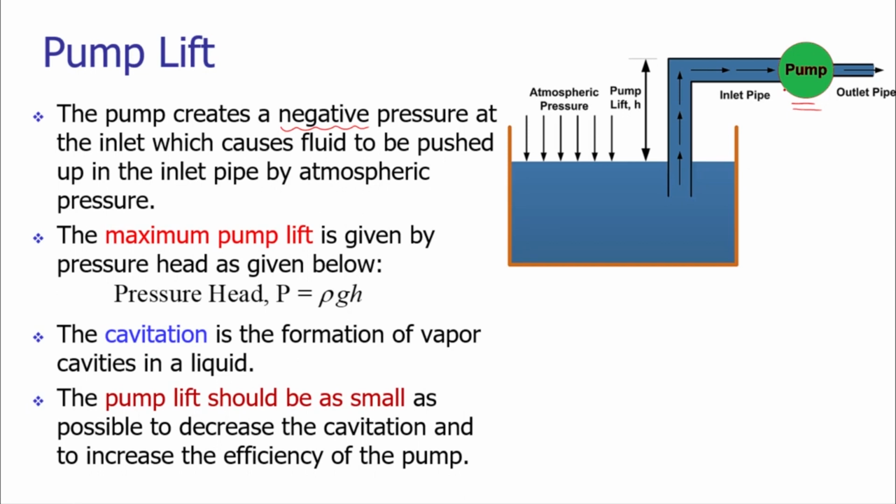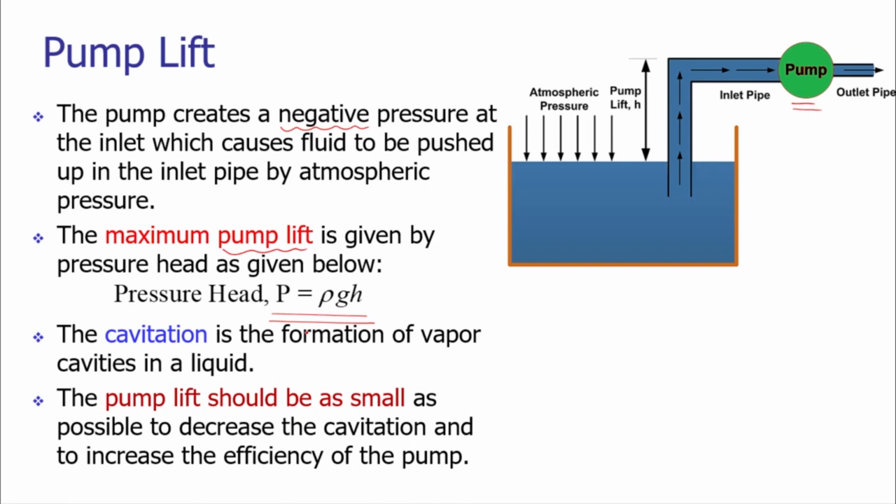That negative pressure, which is lower than atmospheric pressure, makes the atmospheric pressure push the fluid inside the inlet pipe, and in this way we can start the pump. The maximum pump lift is generally given by the pressure head. We can easily compute that pressure head by the correlation P equals rho times g times h, where rho is the density of the fluid, g is the gravitational constant, and h is the pump lift.